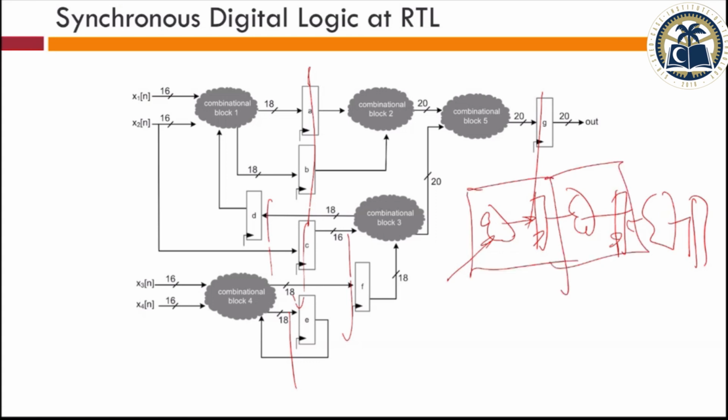Okay, and I was saying this cloud, if you are thinking about your design in this manner, the cloud you can first design in Python, the functionality where actually things are happening, and then you can copy that functionality into your RTL Verilog code. You should plan your design in this fashion, that there is a functionality, then there is a storage, then there is a functionality, then there is a storage, then there is a functionality, then there is a storage.